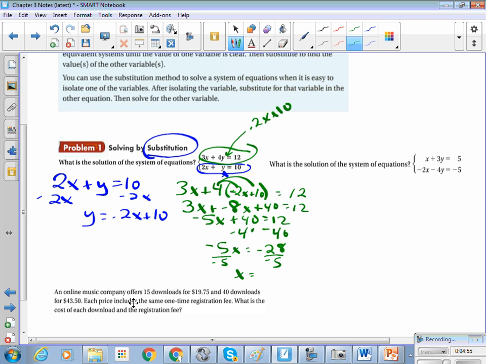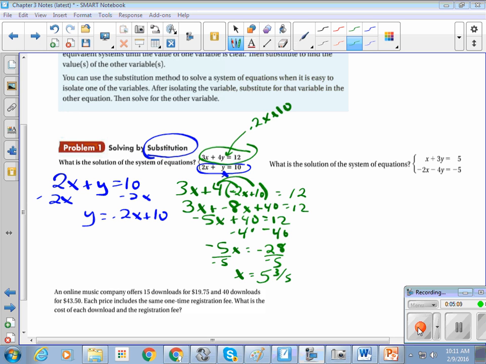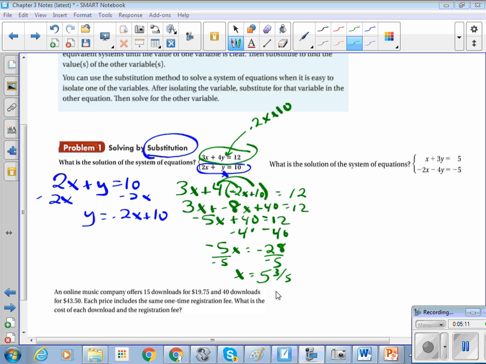And x is equal to, well, 5 goes into 25 5 times, 3 left over, so 5 3/5. All right, so my x value is 5 3/5.